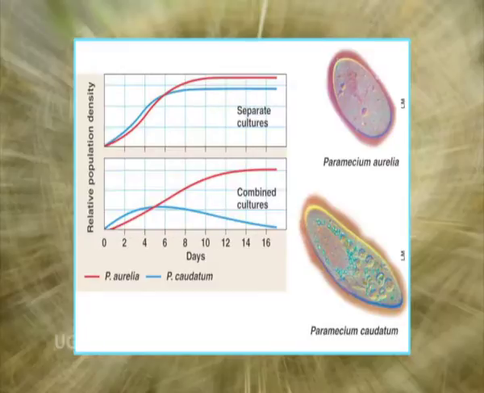Each population has a typical sigmoid growth pattern when grown separately, as well as during the first 6 to 8 days when grown together. In the latter situation, however, there is a gradual diminishing of caudatum and a gradual increase in aurelia, but not to the level attained when cultured separately.